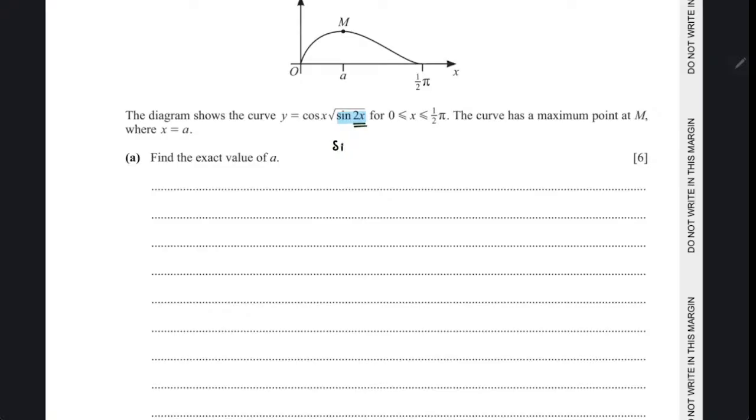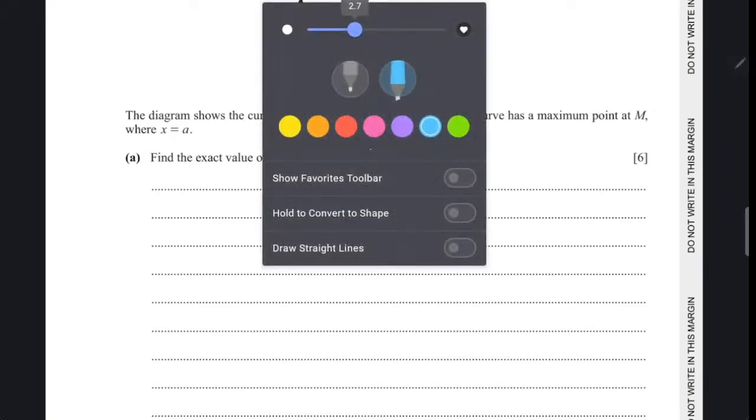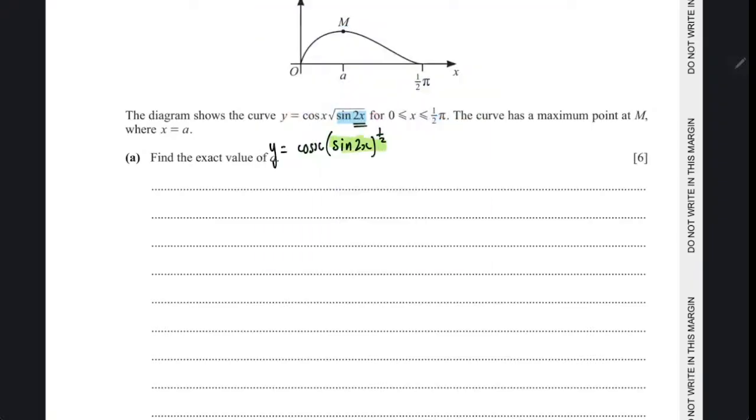And they've even done it as sine of 2x to the power half again outside. Then also, it is made to multiply cos x. So there's going to be product rule. But for product rule, we are going to differentiate them separately, the things that are multiplying. So we'll differentiate this one on its own, then this one on its own. But when you differentiate this sine on its own, it is a composite one. So we are going to use the chain rule to differentiate it on its own before we put it in the formula for product rule.